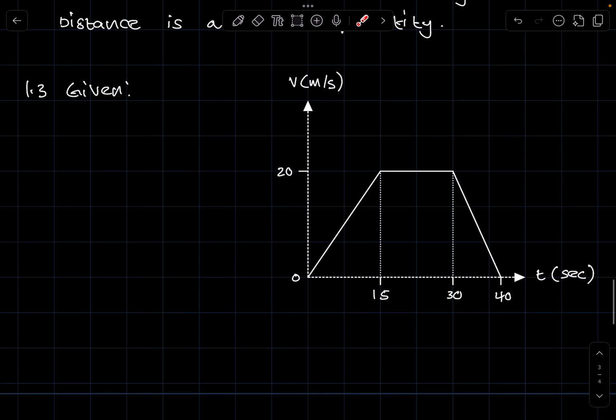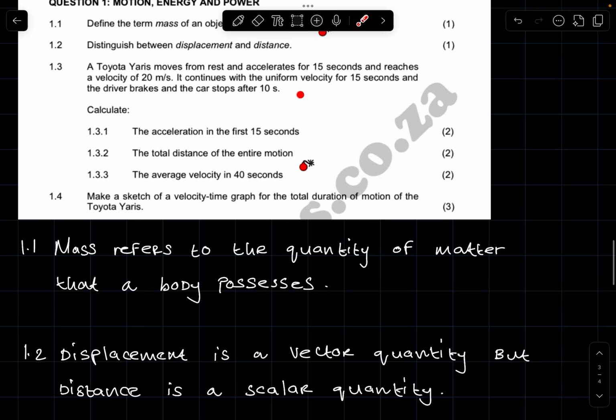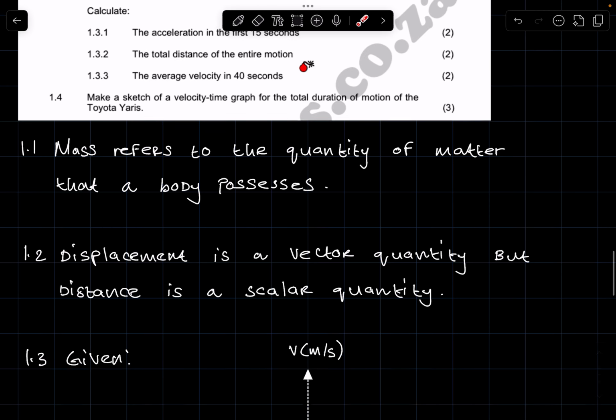Hence on the graph, from here it continues at a uniform velocity, so we have a straight line. The straight line essentially means that the velocity here is constant. They said it continues at a uniform velocity for 15 seconds.